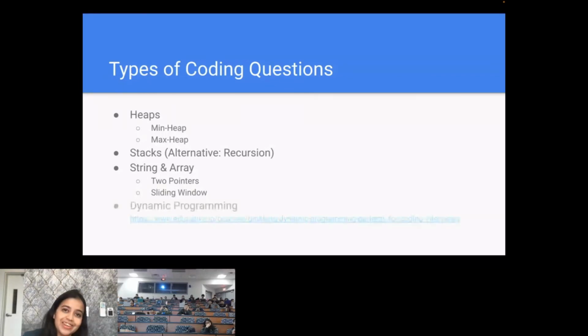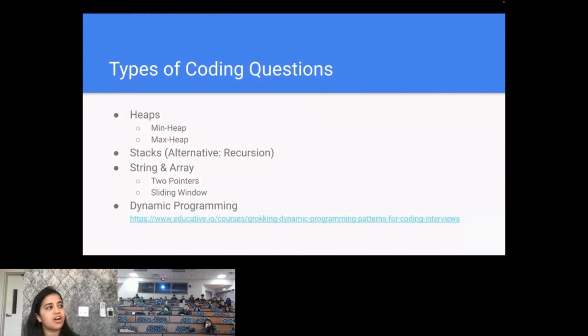And lastly, not my favorite, but you really have to go through dynamic programming. Now, I've had so many people ask me, is dynamic programming really essential? I cannot really predict whether you will get dynamic programming in your interview or not. That's completely up to the interviewer, what kind of questions they like.